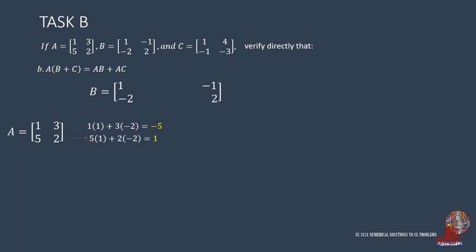Then row 1 again with column 2 has 1 times negative 1 plus 3 times 2, giving 5. Then row 2 with column 2 completes the matrix by multiplying 5 times negative 1 and adding 2 by 2, or that is negative 1. So the matrix of AB has the elements negative 5, 5, 1, and negative 1.